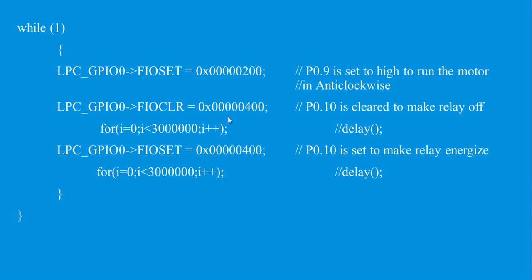After some amount of delay, we are setting the 10th pin of port 0, thereby we are sending logic 1 via this 10th pin, so the relay will get energized, so that your motor will be rotating in the clockwise direction. So continuously the motor will rotate in anti-clockwise and clockwise directions over a span of time. This is about the program flow. And thank you, and you can watch the demonstration video at the end of this slide.